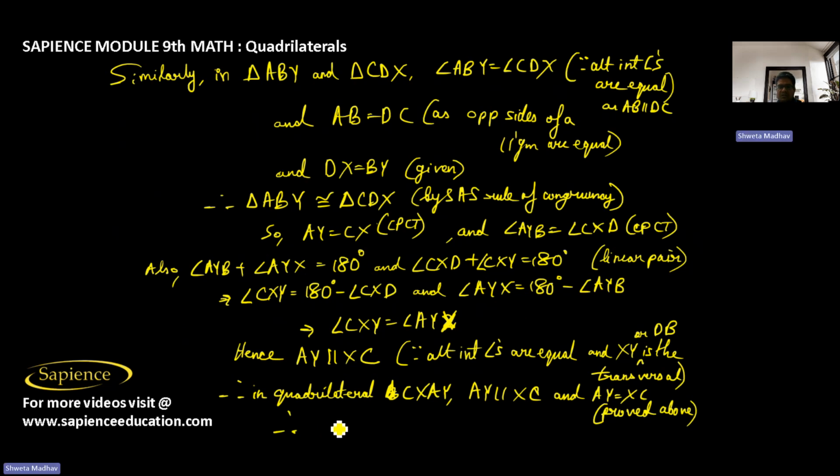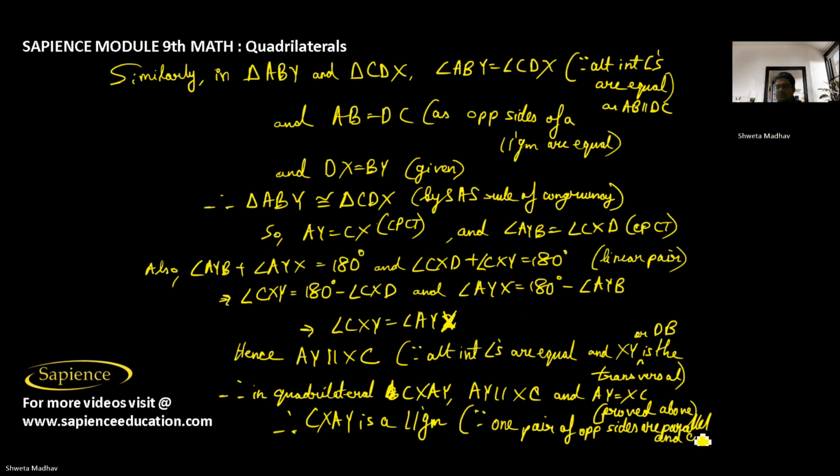Therefore, we can say that CXAY is a parallelogram, since one pair of opposite sides are parallel and equal. Hence proved.